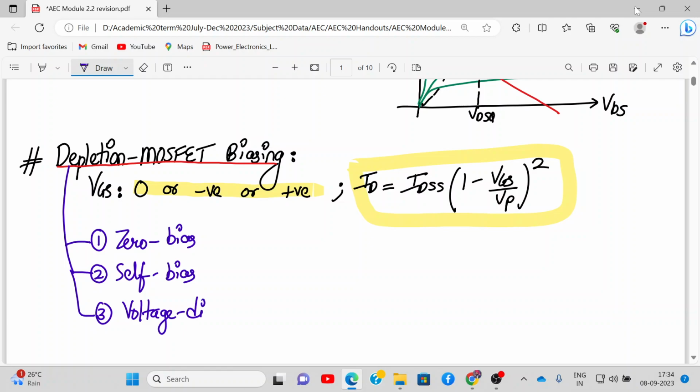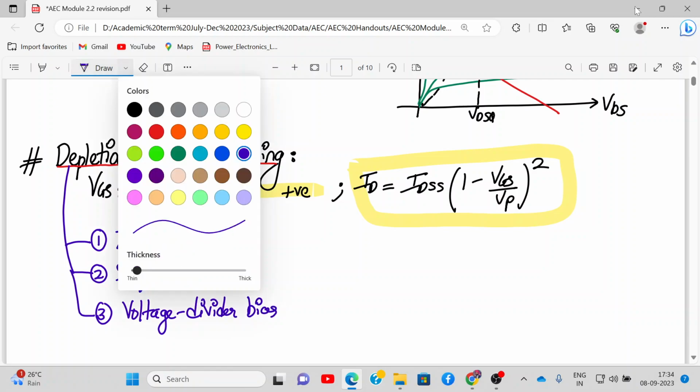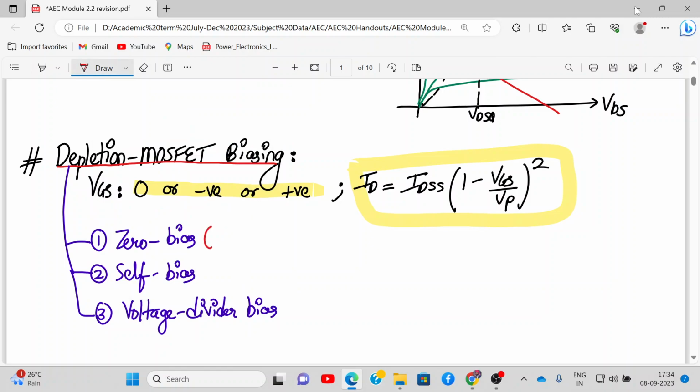In zero bias VGSQ will be 0, in self bias VGS will be negative, and in voltage divider bias VGSQ will be positive. Hence we have 3 types of biasing techniques. Are you following up till now, everyone? Yes, sir. If I am going too fast, please stop me.